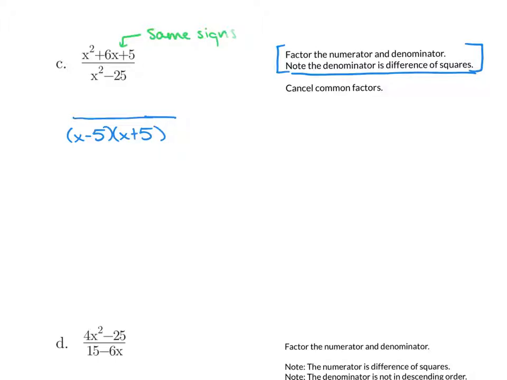Remember, the goal is to cancel common factors. If we look at the numerator, we have a positive 5. To multiply to a positive 5, we want same signs. The middle term tells us what they are. They are both positive. So x plus 5 is the only option that would make it possible for us to simplify the rational expression.